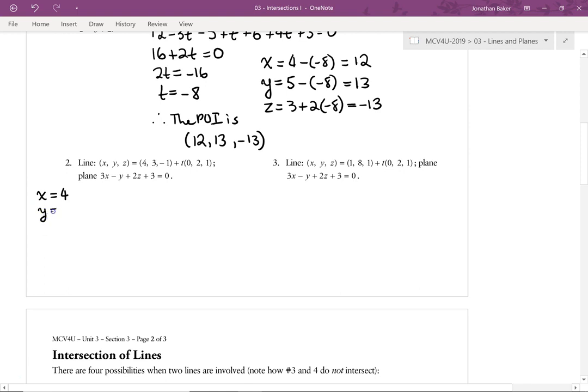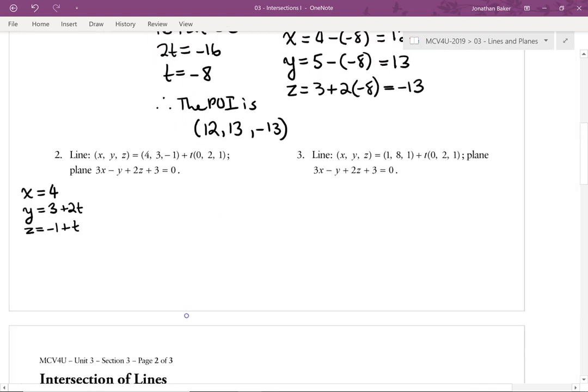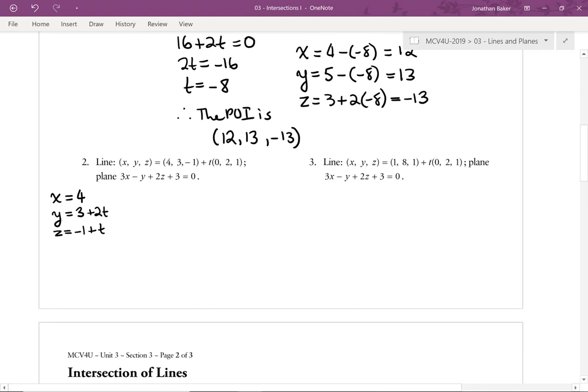So y is equal to 3 plus 2t, and z is equal to negative 1 plus t. Zoom in a little bit. There we go. So now what we can do is input these three things into the plane.